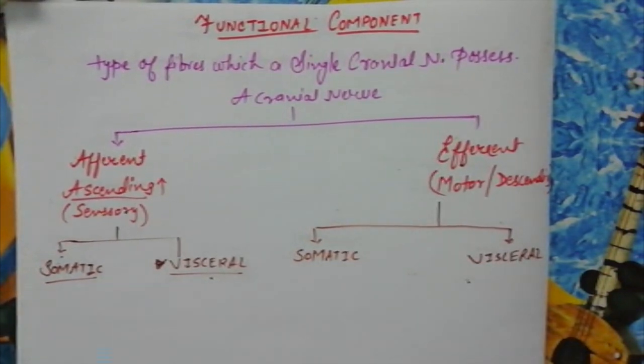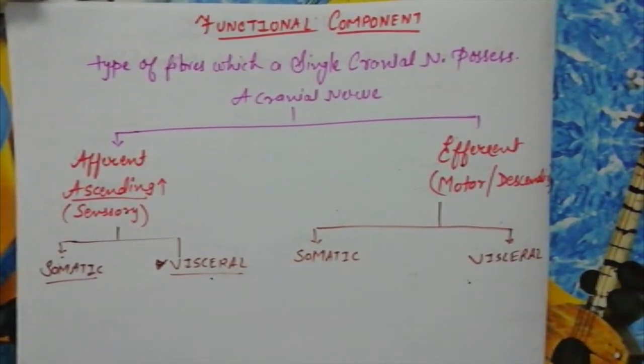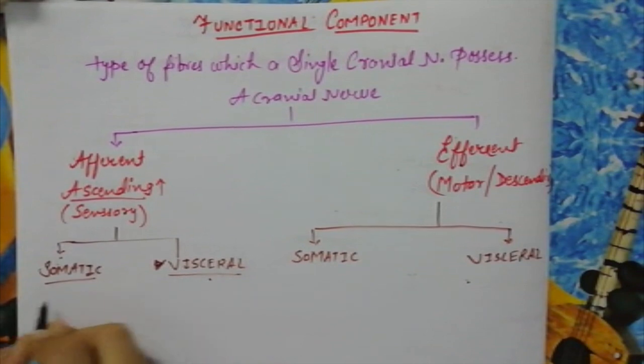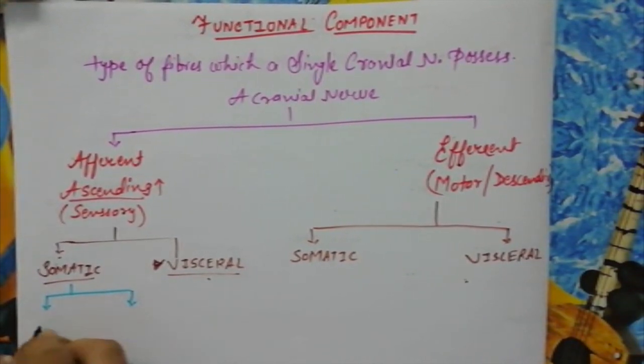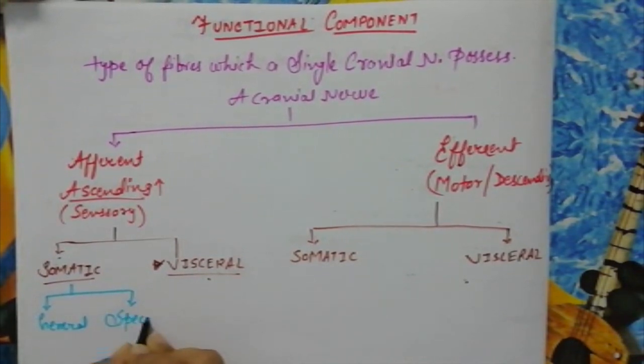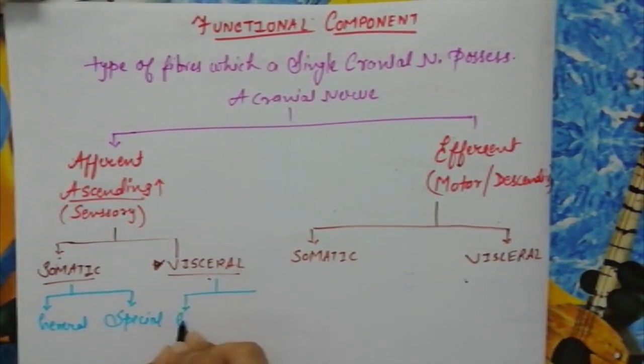So these somatic and visceral components are further divided into general and special. So general and special. It is also divided into general and special.